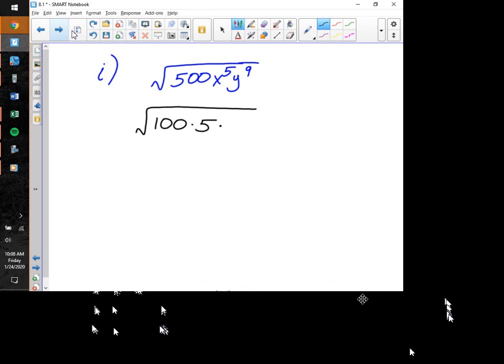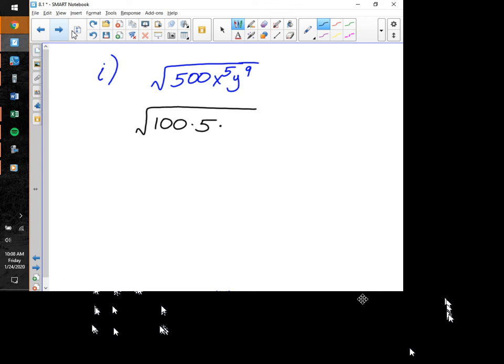Now, did that happen in this problem right here? Is x to the 5th the perfect square? It's not, because 5 is odd. Okay? But what we're going to do now, guys, is just like we did with the 500, we're going to try to split up x to the 5th into the product of 2 perfect squares. Everybody, what's the biggest even number smaller than 5? 4.